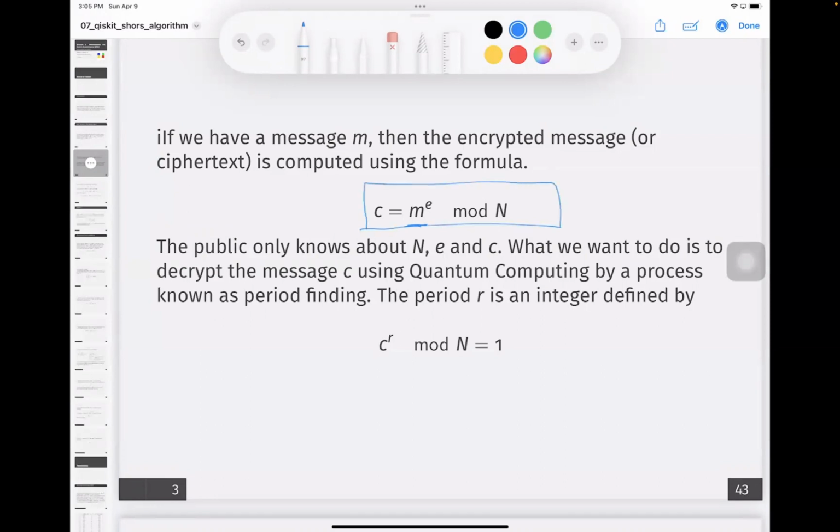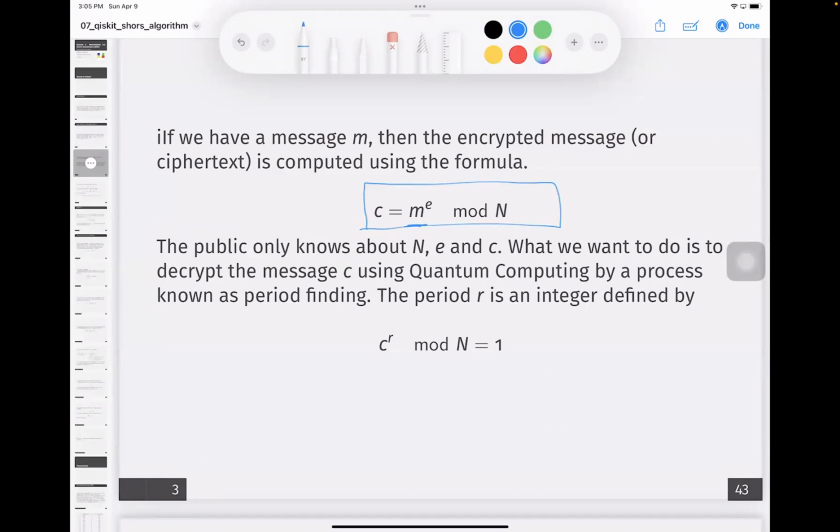The ciphertext C is equal to M raised to the E, modulo N. Okay, so it is just the remainder. Now the public knows N, E, and C.